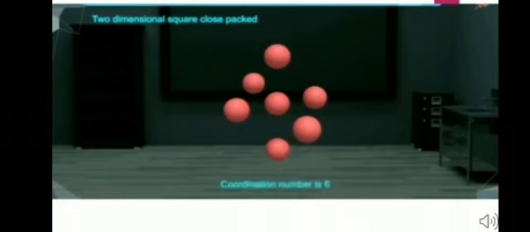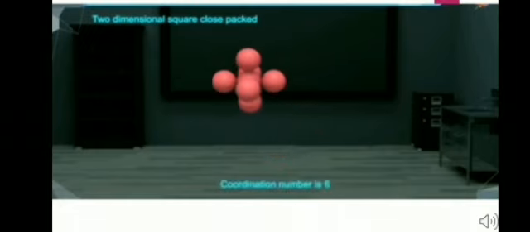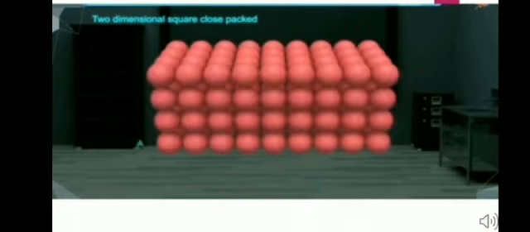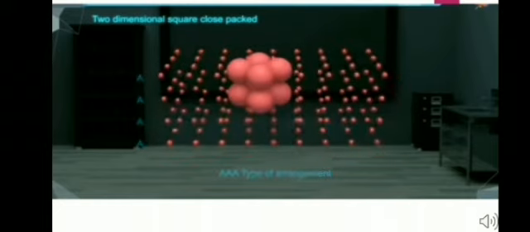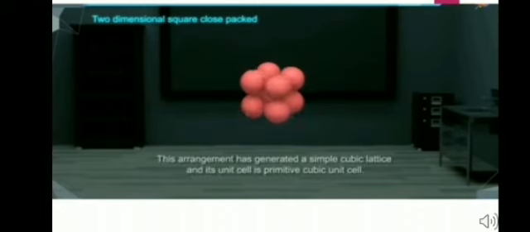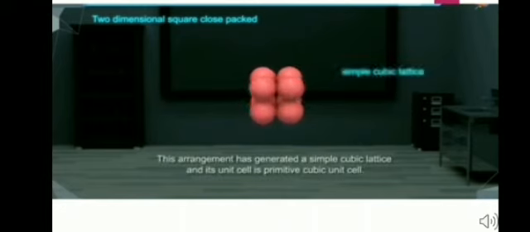If the first layer is A type, then the rest of the layers are also the same type. So it is called an AAA type of arrangement. Closely observing this, we can find that this type of arrangement has generated a simple cubic lattice and its unit cell is a primitive cubic unit cell.